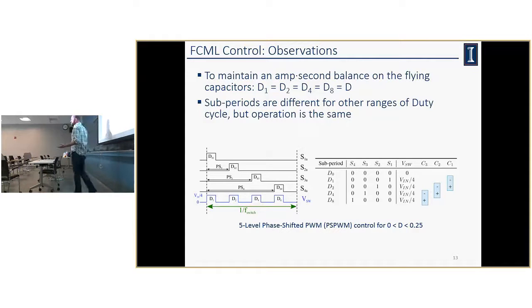All the durations have to be the same for this to operate. If you keep them all the same duty cycle, your amp-second balance is maintained, and you don't have to worry about your capacitors drifting in time. When you go to other duty cycle ranges, and I'll show some of the tables later, it's essentially the same operation. You still have charge and discharge of your capacitors, you still have to keep that amp-second balance, and your duty cycle can change, but the operation is very similar.